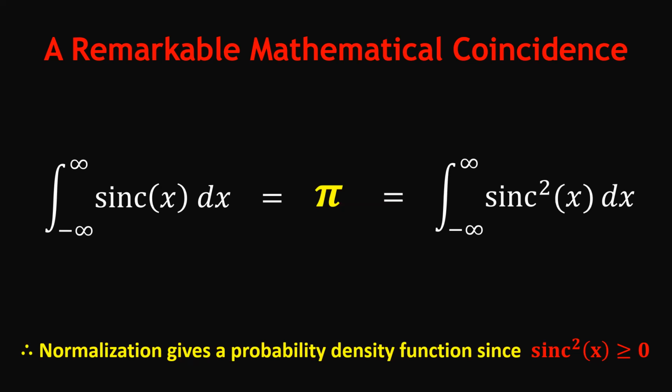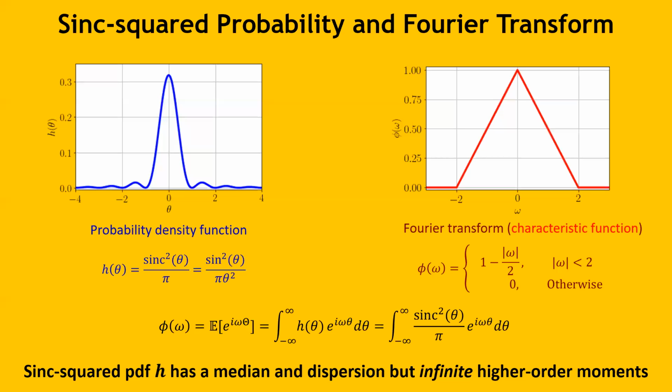At the mathematical heart of the sinc function is its compaction property. Its integral over the real line equals just pi, and in a remarkable mathematical coincidence, so too does the integral of Sinc-Squared. Now, since Sinc-Squared is non-negative, normalizing by pi gives a proper probability density function that, again, we simply call Sinc-Squared.